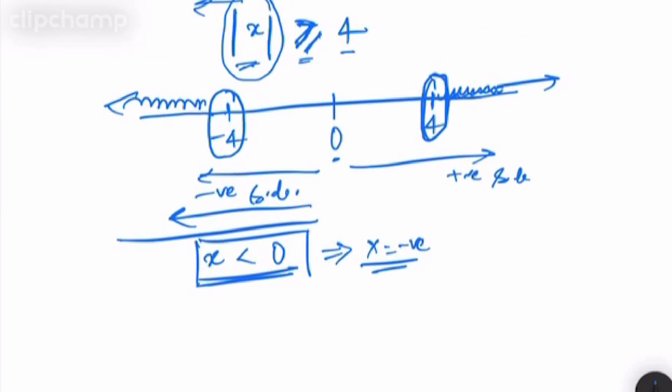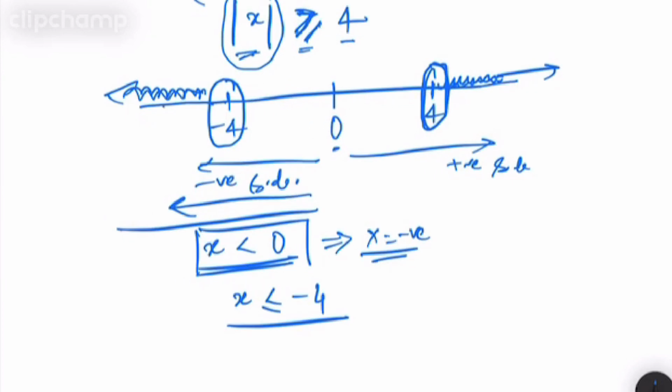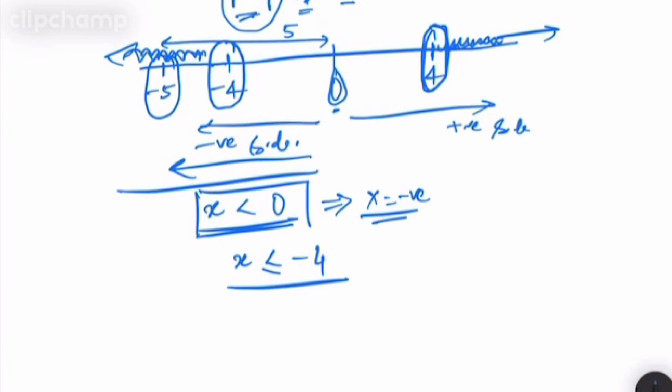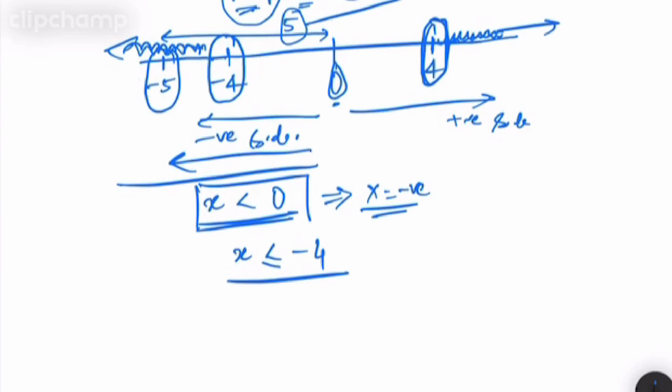In this case, what will be the value which x will be taking? x will be less than or equal to minus 4. Let's say x falls here at number minus 5. When we measure the distance of minus 5 from 0, the distance will be 5 units, and what is the requirement? That mod x is greater than or equal to 4, and therefore a 5 unit distance will satisfy our given condition.